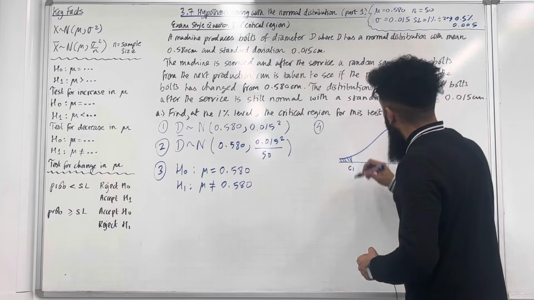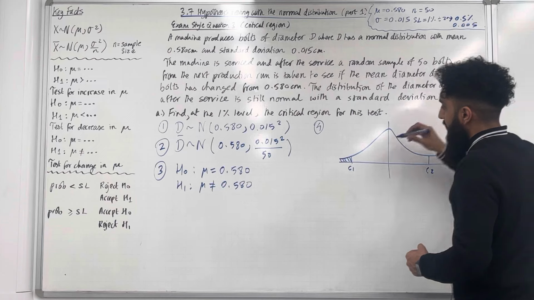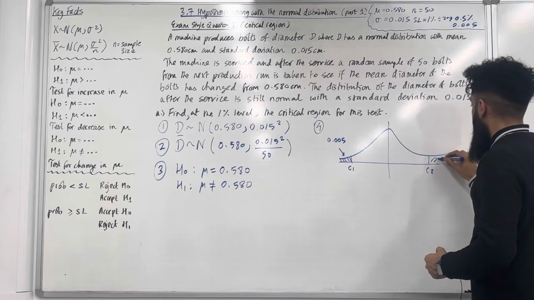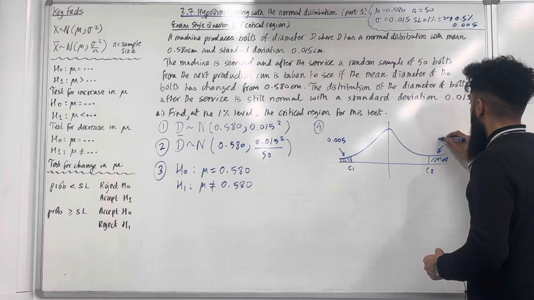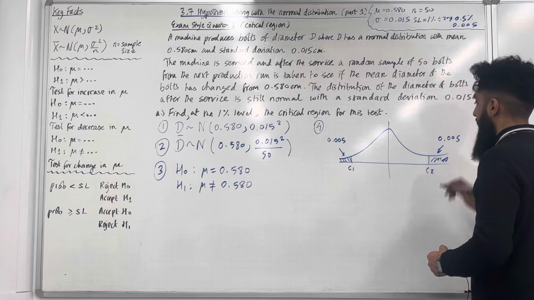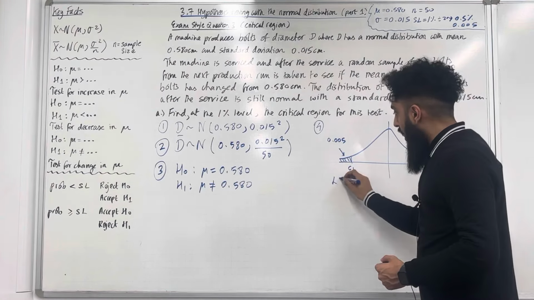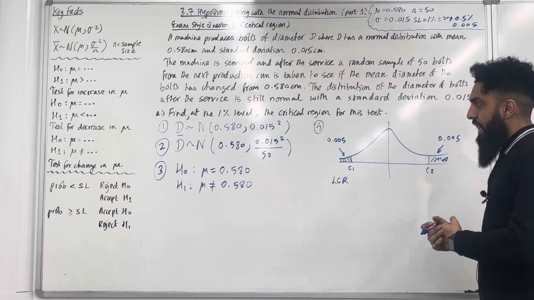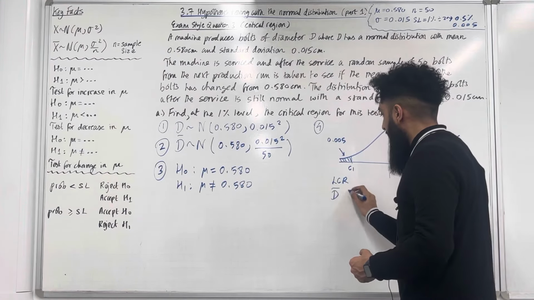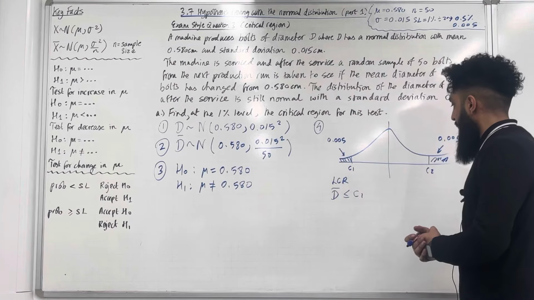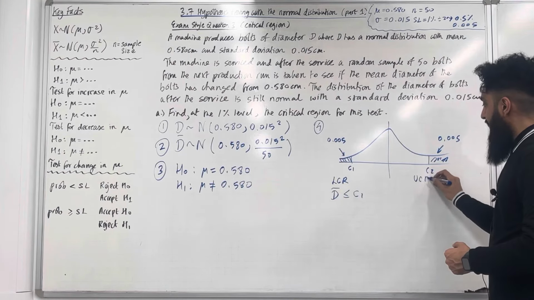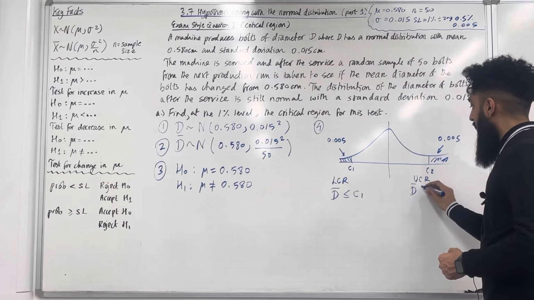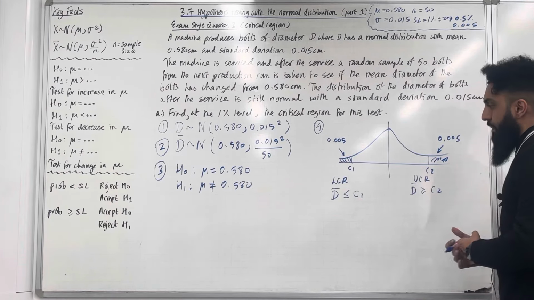This shading represents 0.005 and this shading over here also represents 0.005. Now LCR is shorthand for the lower critical region. So my lower critical region will be D bar is less than or equal to C1. UCR is shorthand for upper critical region. My upper critical region will be D bar is greater than or equal to C2.